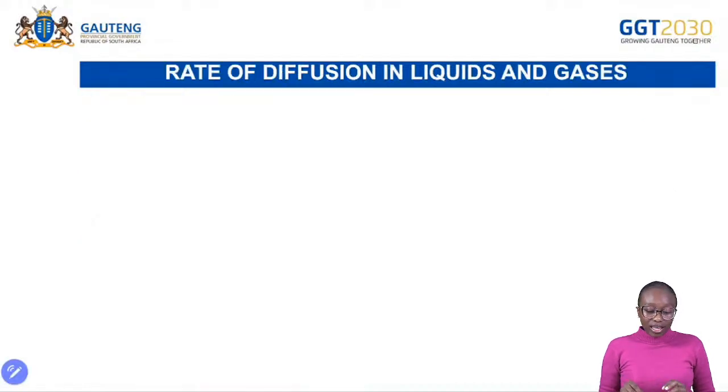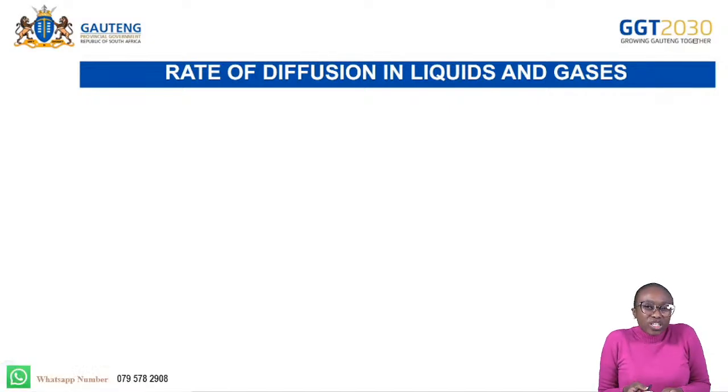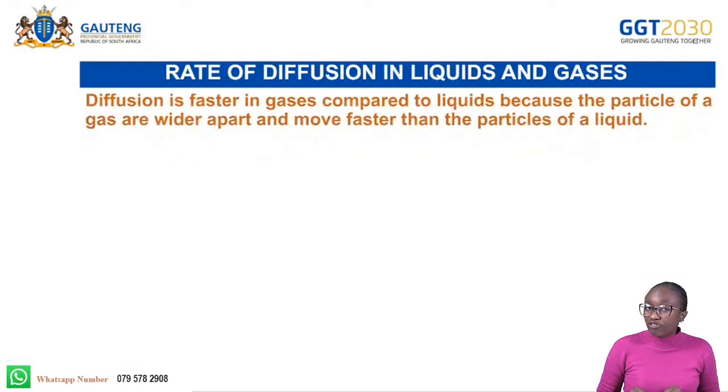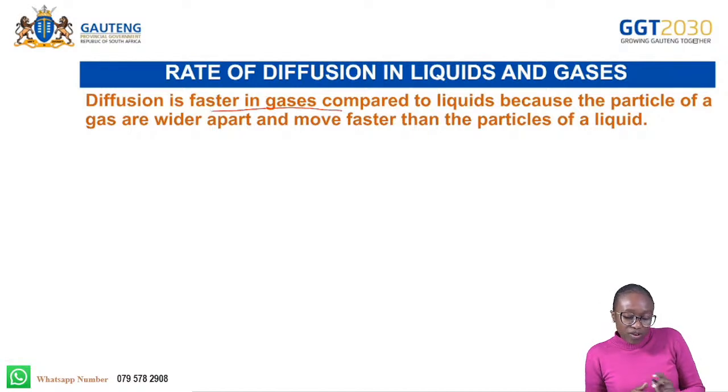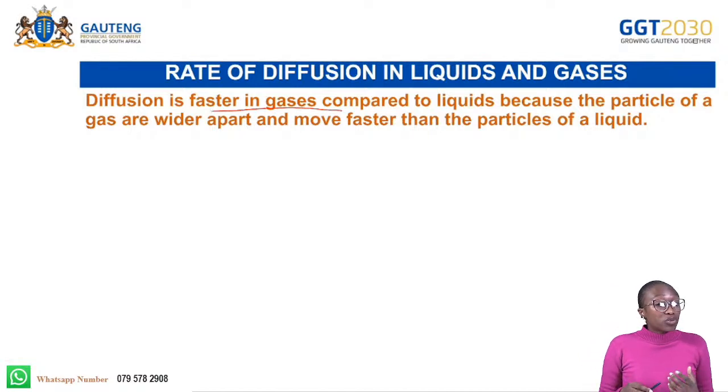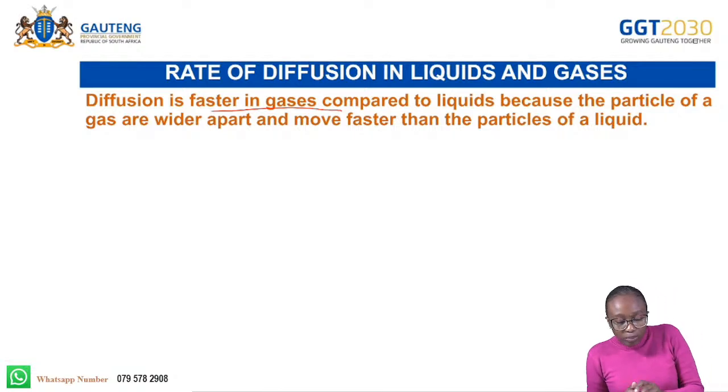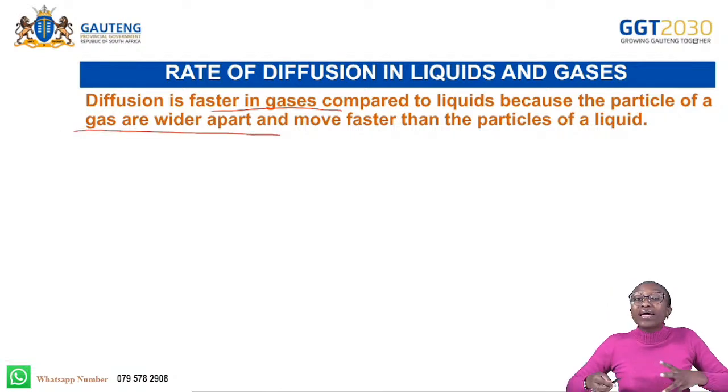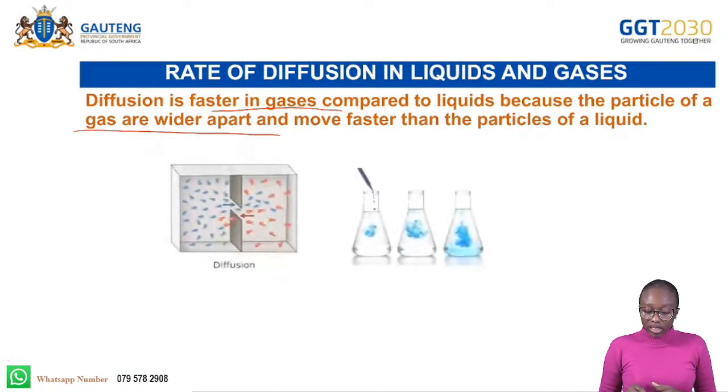Now, what is the difference between the rate of diffusion in liquids and the rate of diffusion in gases? Diffusion in gases is faster in comparison to liquids. Why? This is because the particles of a gas are wider apart and they move faster than the particles of a liquid.